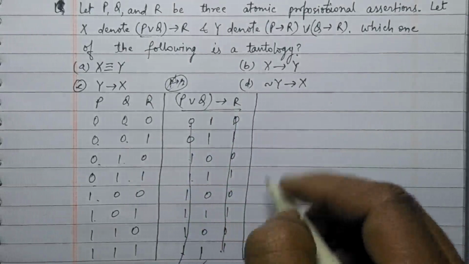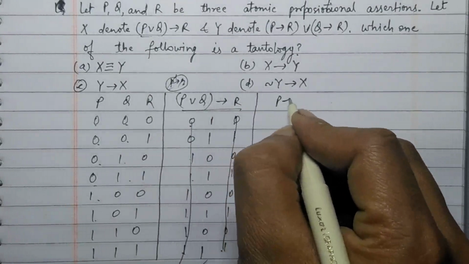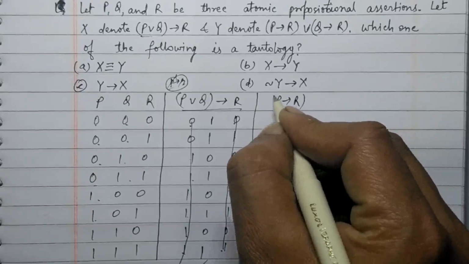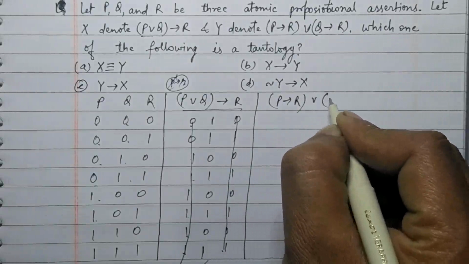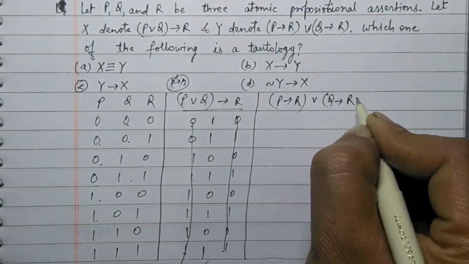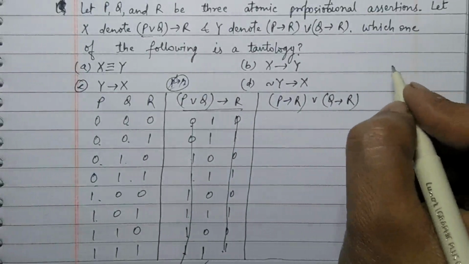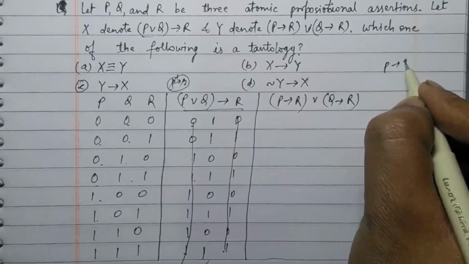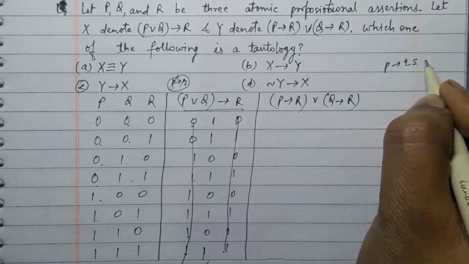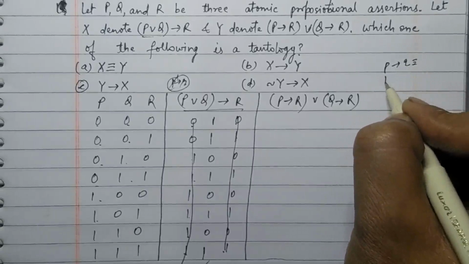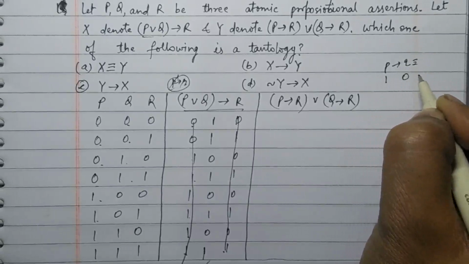Now we will evaluate y: P implies R or Q implies R. See, P implies Q is false whenever P is 1 and Q is 0.